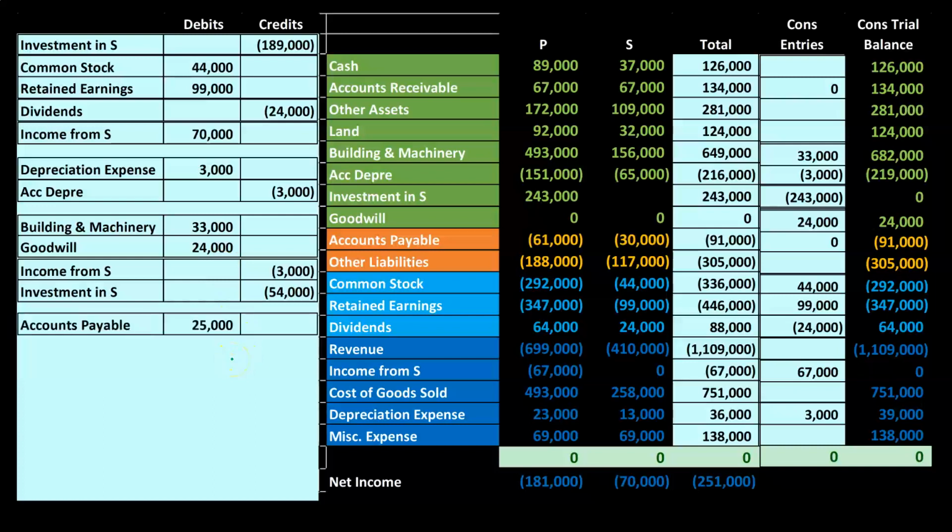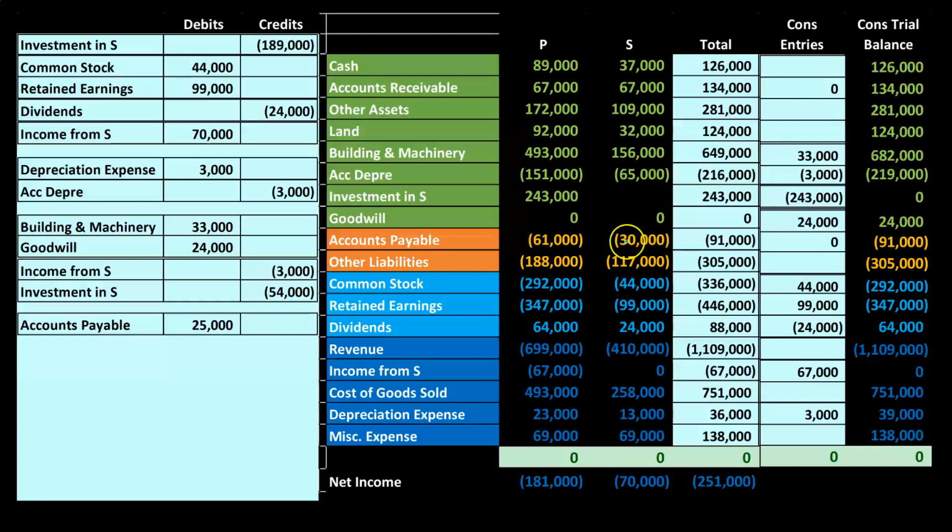Then we had the intercompany transactions. So for example, if I looked at P's books, if I looked at the subsidiary ledger for the accounts receivable for P, we see that S owed them money, $25,000 it looks like. And then if we looked at S's subsidiary ledger for the accounts payable, there would be a vendor, which would be P, so S owes P the $25,000.